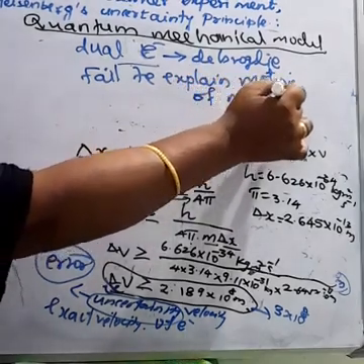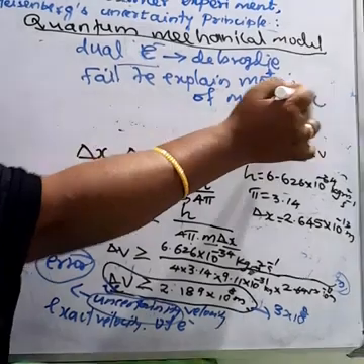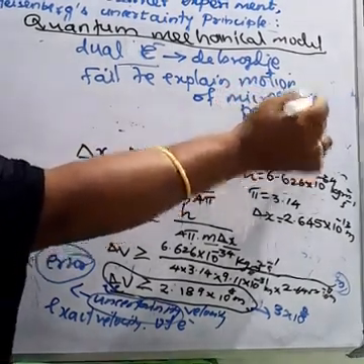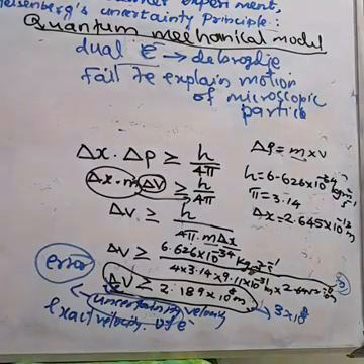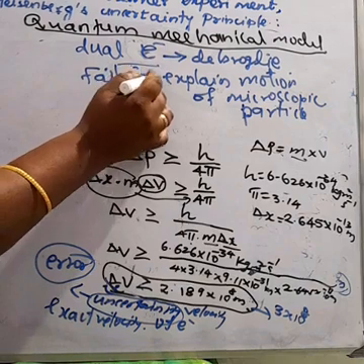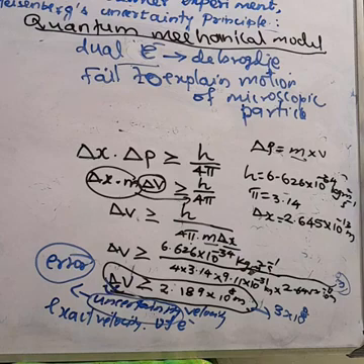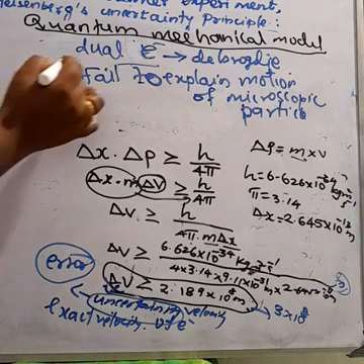We know how the wave behaves, its velocity and its speed. But for microscopic particles, we don't know about the dual nature of matter. Classical mechanics fails to explain the dual nature of microscopic particles.